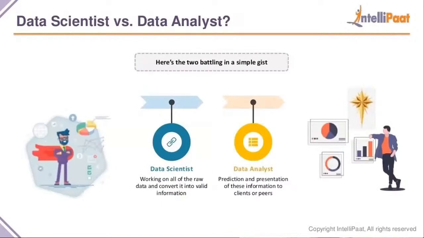Here's the two battling in a simple gist. A data scientist works on all of the raw data and converts it into valid information. Data scientist, prediction and presentation of this information to the client on papers. Okay. Analyst is a role. Analytics is a field.